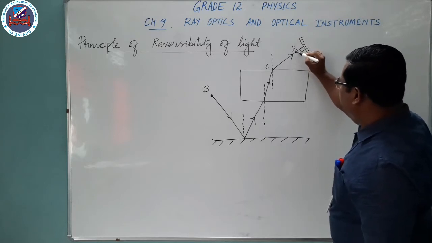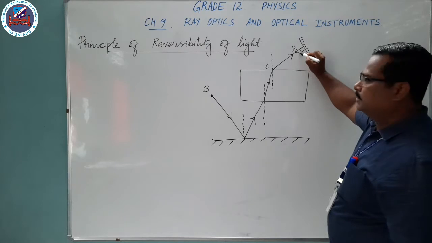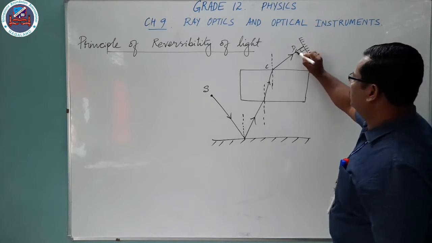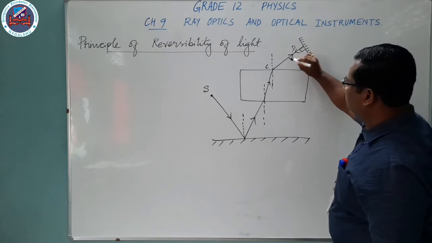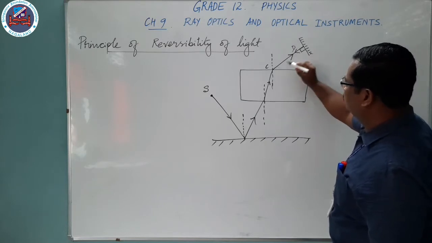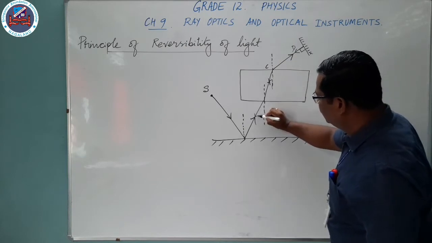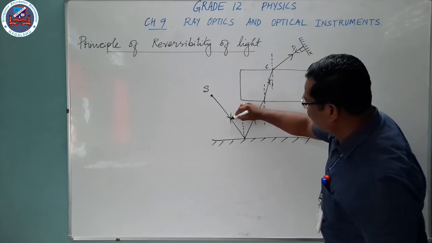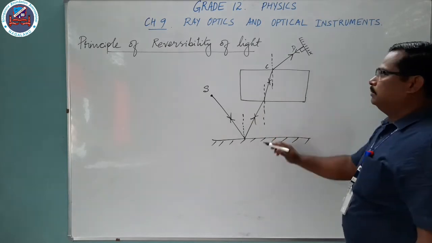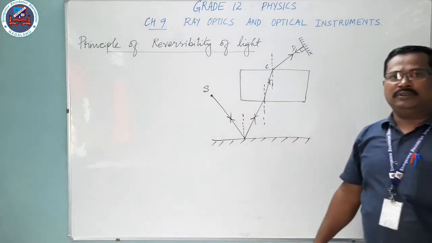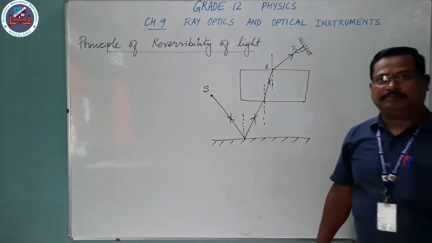Then it will reverse back like this. This mirror will send back the light ray in this direction. If this final path CD is reversed back, it will travel along the entire initial path from where it has come. This principle we call the principle of reversibility of light.